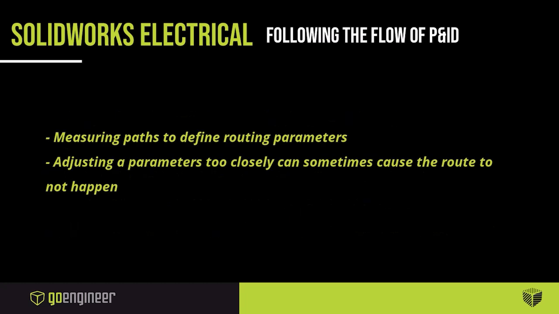Routing parameters: sometimes you need to use the measuring of those paths, the differences from point to point, to help with your route. Sometimes it doesn't want to route if those parameters are too large or too small. Also, adjusting those parameters too closely can sometimes cause that route not to happen. So you might need some adjustment.